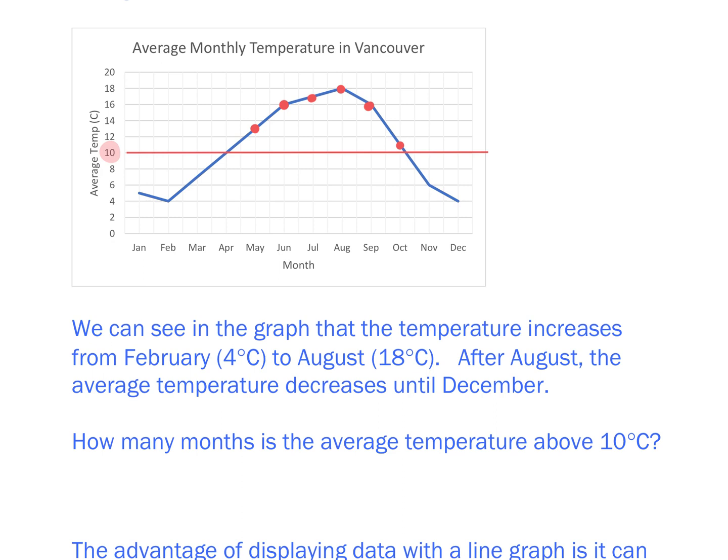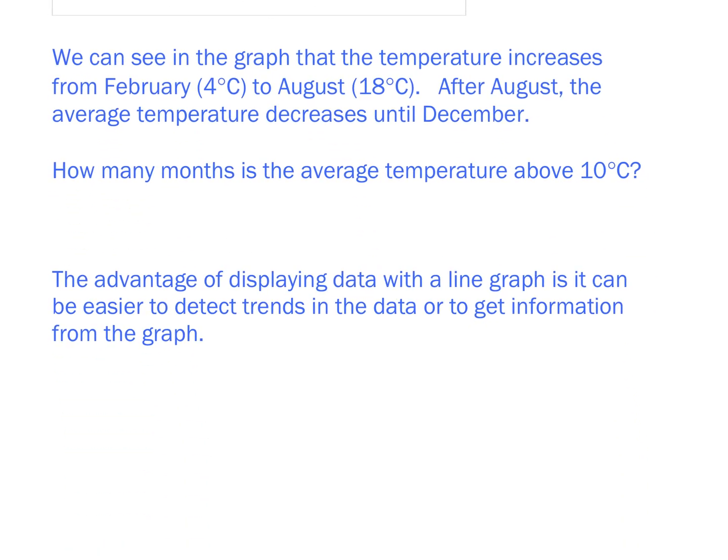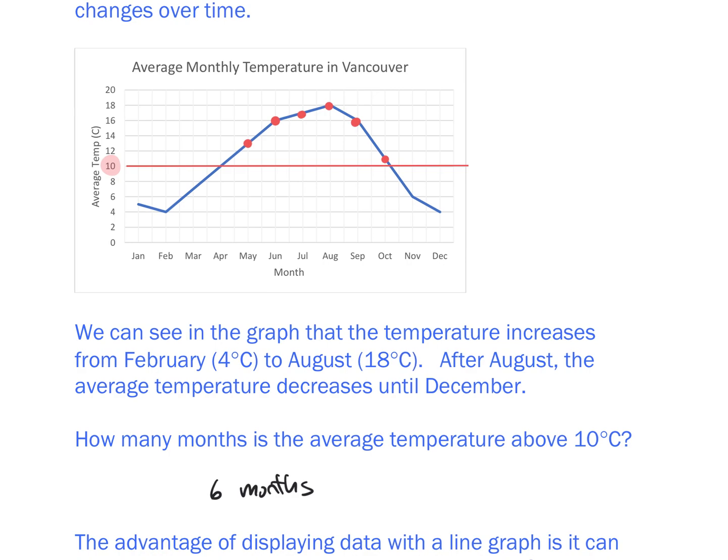So if we count those up, we see that there's 1, 2, 3, 4, 5, 6 whole months. 6 whole months, the temperature is above 10 degrees Celsius. And if we want to be specific, it goes from May until October.